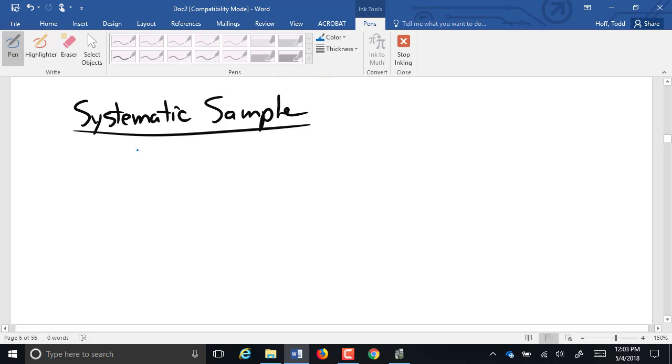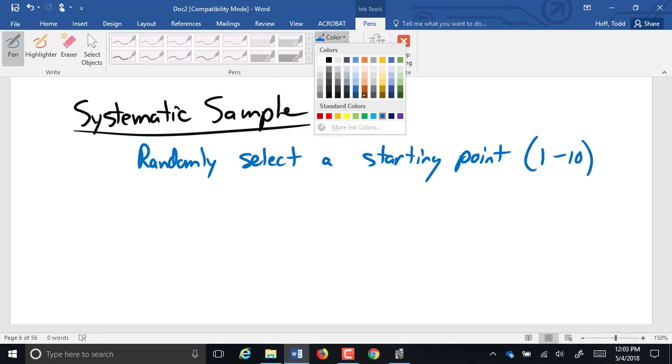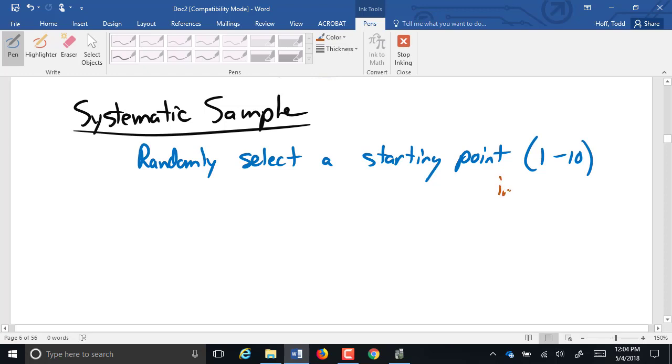So we could randomly select a starting point, one through 10. And let's say, for example, the number we selected was 4.